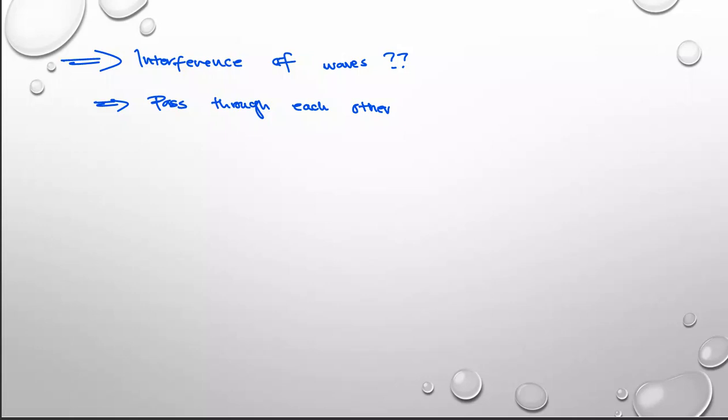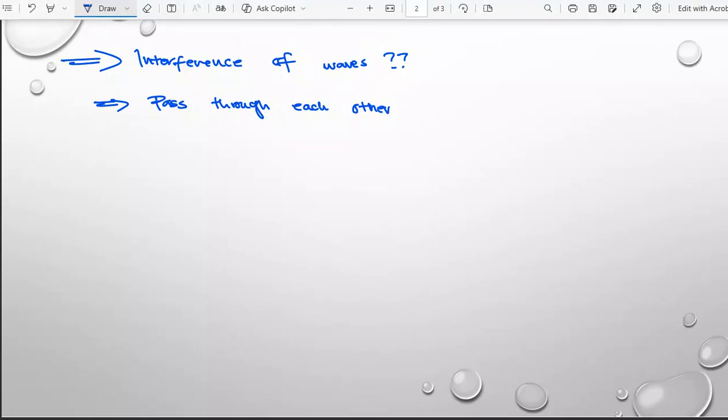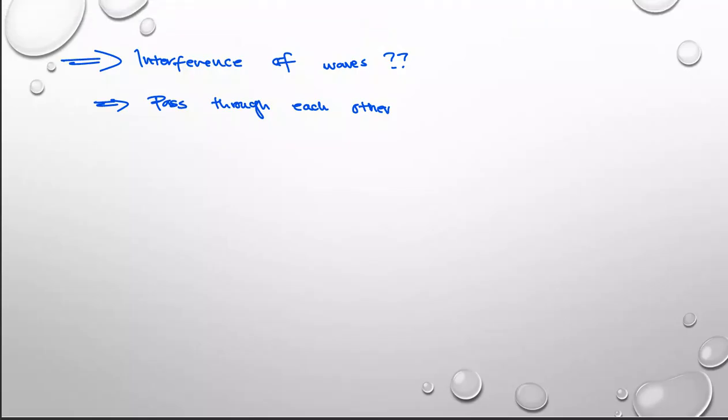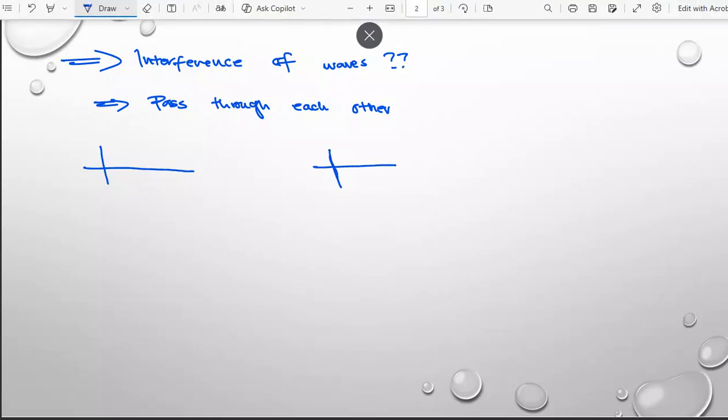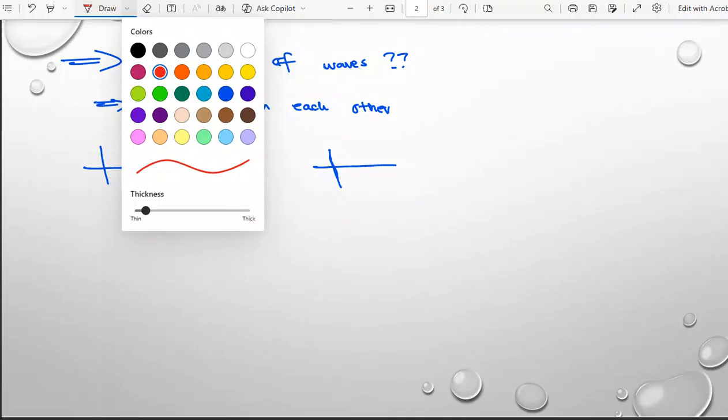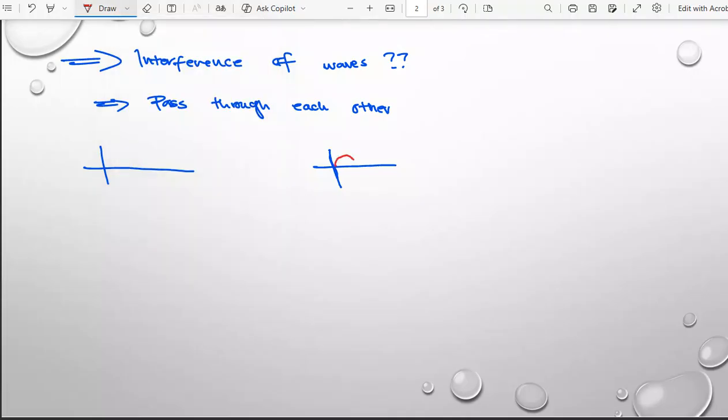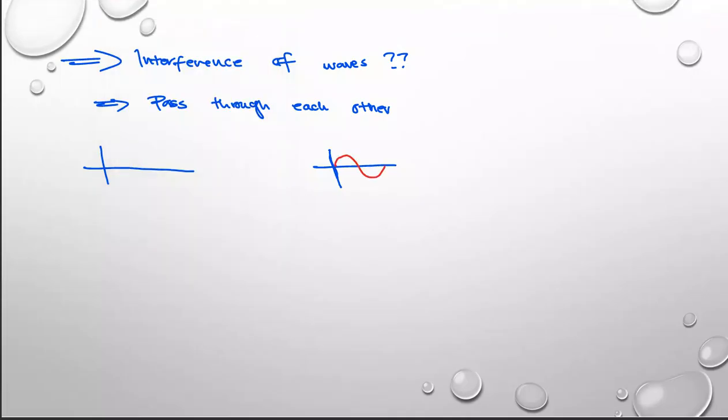Okay, so an overview. Let's say, for example, you have these two waves. Let me talk about maybe the structure of a wave. We also have another wave. You can see these two waves.